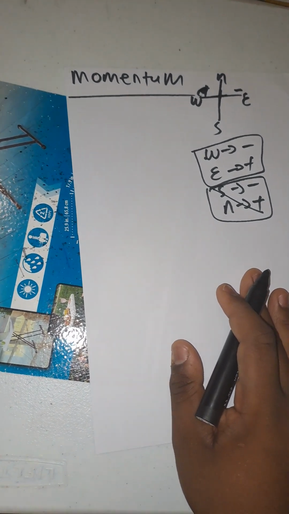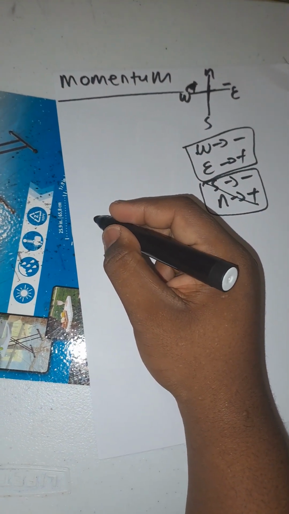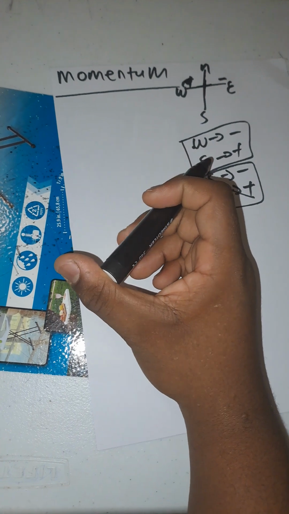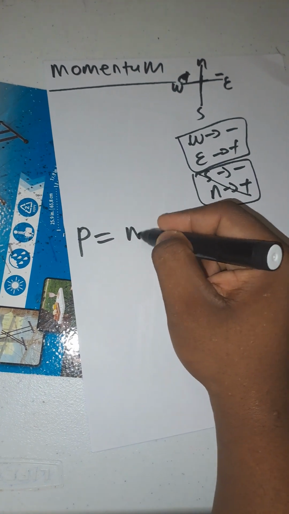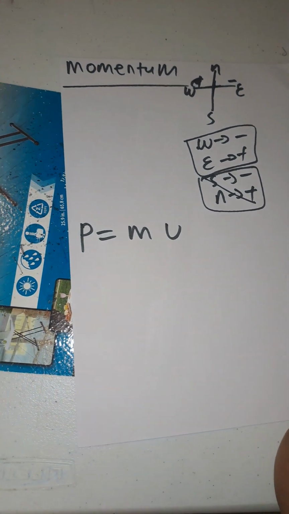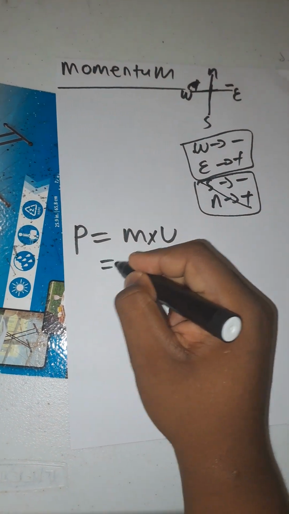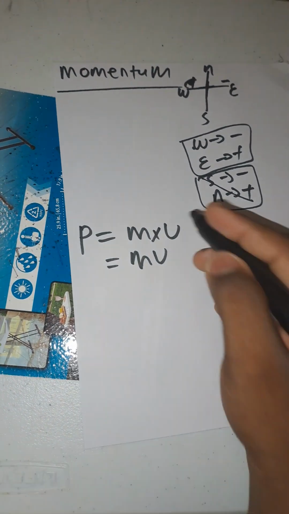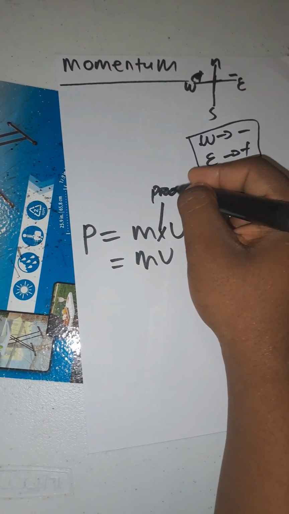So what is momentum? It is the product of the mass and the velocity of an object. The formula is P equals mv. So you don't have to be stressed about the definition of momentum, because they are saying momentum is the product.